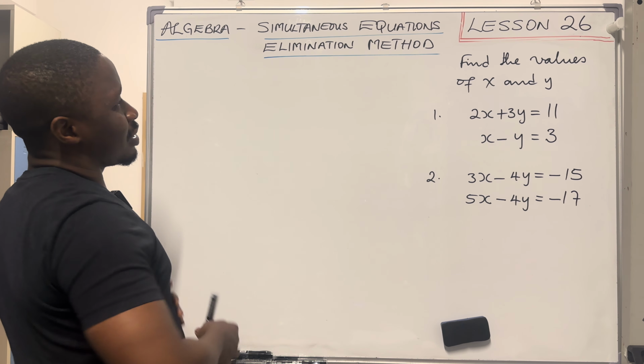Mind you, I did not say if the signs are plus and minus. I did not say if the signs are plus, plus, or if the signs are minus, minus. I'm mentioning same or different. Okay, the signs in front of them are what? Are different. So what do we do? We add. Having acknowledged that they are the same, we subtract.